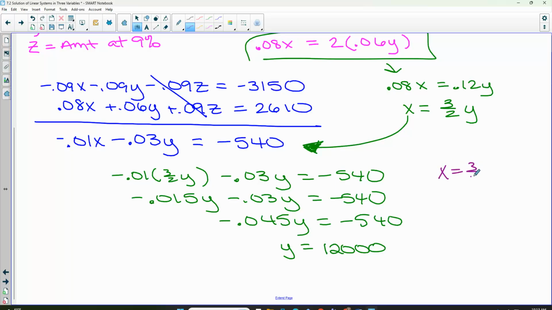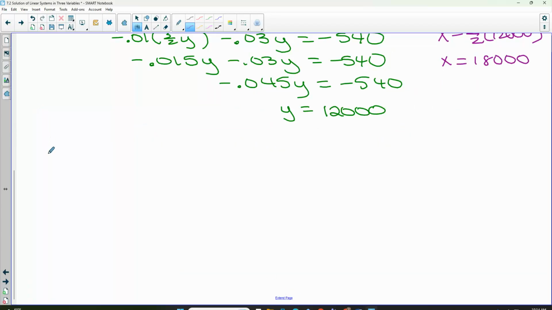X is 3/2 times y. That means x is 18,000. And we can go back to our very first equation, x plus y plus z equals 35,000.